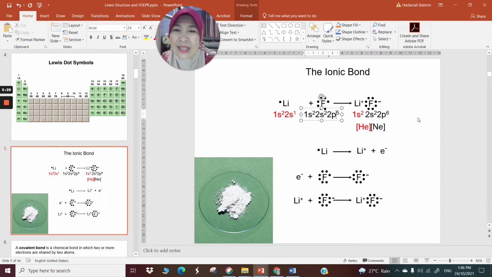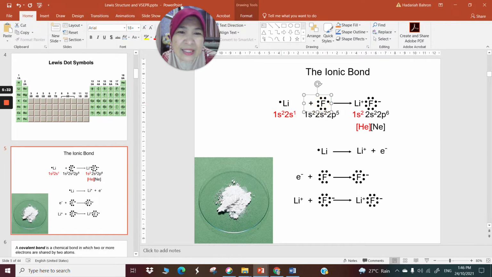So when lithium and fluorine combine, the outer electron of the lithium will be totally transferred to fluorine. Do you remember Pauling's electronegativity scale? The difference between the Pauling values of lithium and fluorine is above 2, so you know it is an ionic bond.